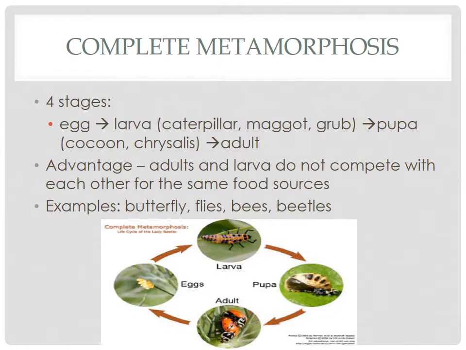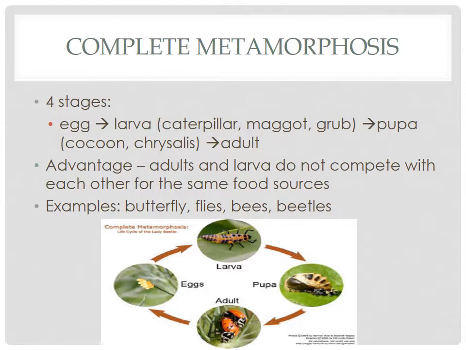All right, so in complete metamorphosis, there's 4 stages. The first stage is egg. The egg leads to larva, and that larva may be in the form of a caterpillar or a maggot or a grub. That will lead to the pupa stage, where the larva enters into either a cocoon or a chrysalis, and coming out of the cocoon or chrysalis, we have the adult.